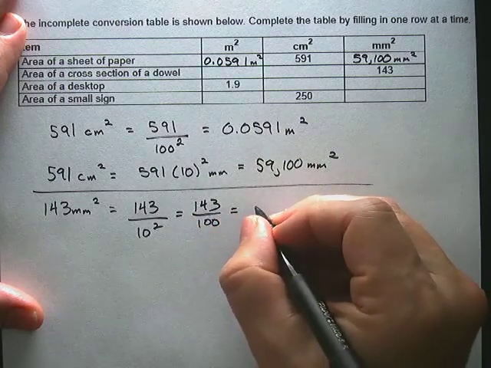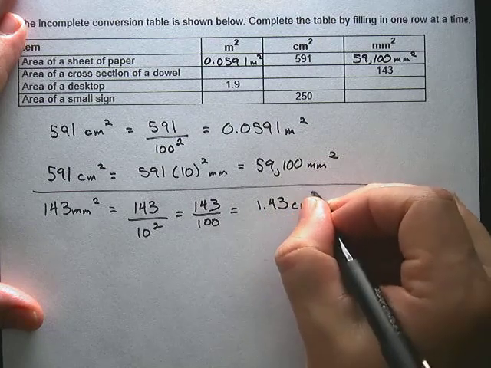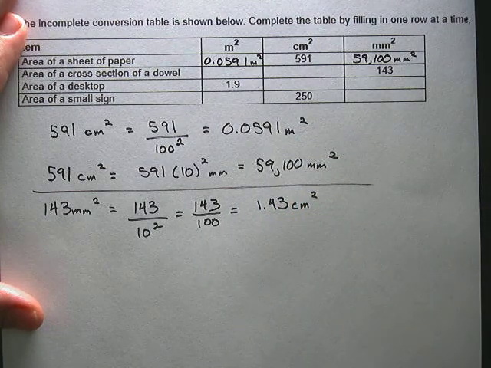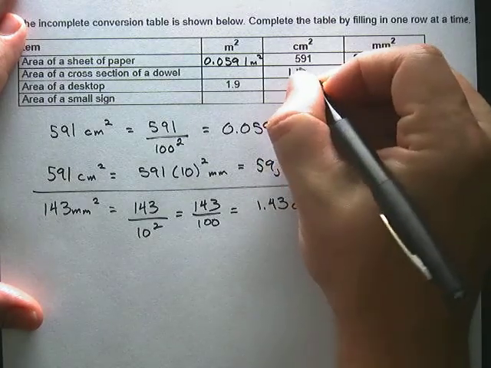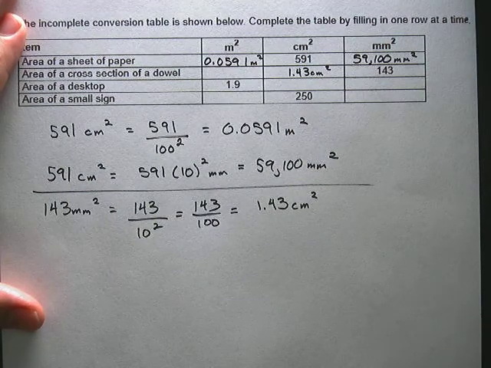Okay, so that will give us 1.43 centimeters squared. And now we want to go from centimeters on over to meters, which is a 100-to-1 ratio.